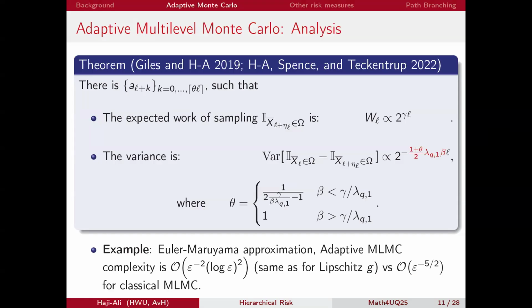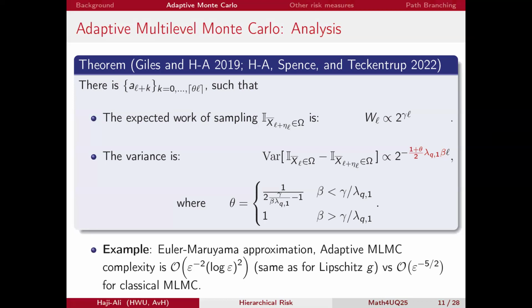This is just beta over 2 as before. But if theta is positive, which means I am doing some refinement, then I'm getting improved variance convergence. In particular, if beta is slightly bigger than gamma, then you can get theta to be 1, and you get 2 to the power minus beta L. So you recover the variance convergence rate of a Lipschitz function.